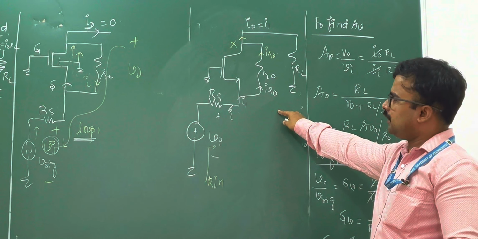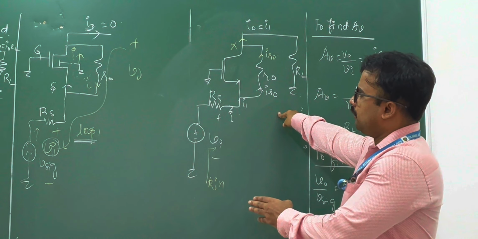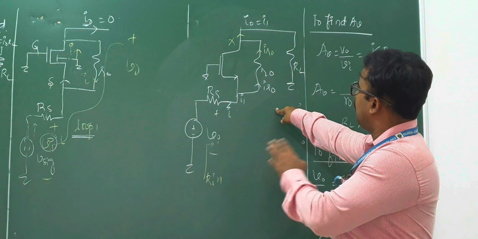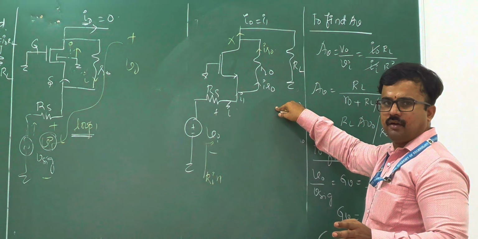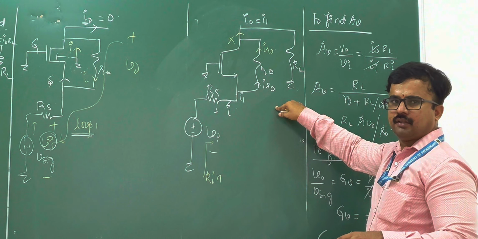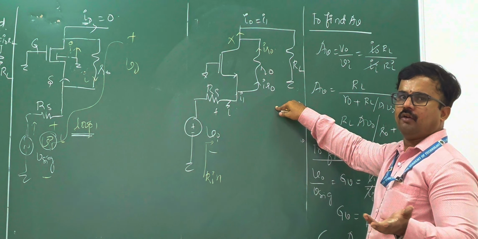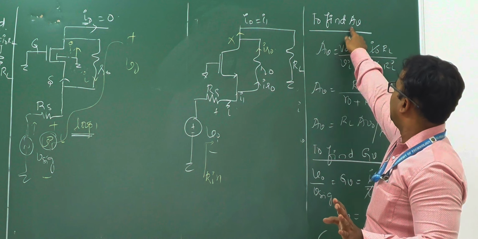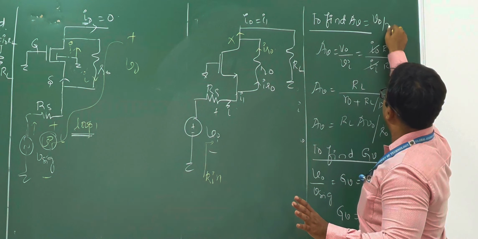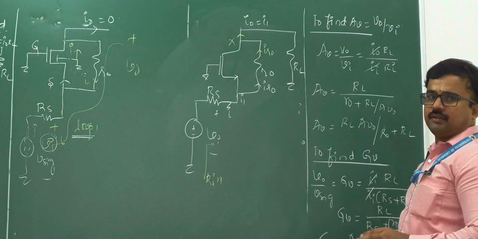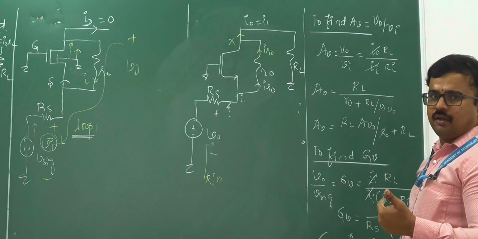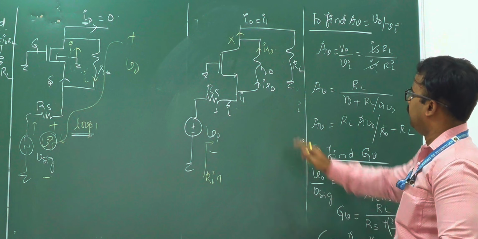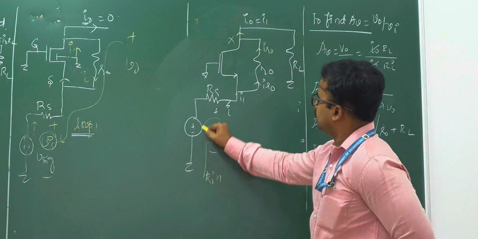In the previous circuit we have just found the AV0 and the input impedance. AV0 is nothing but the open loop gain when RL is not there. Suppose when RL is there, the AV is nothing but V0 by Vi. How does the gain of the CG amplifier change? From this circuit, you can observe this is Vi.